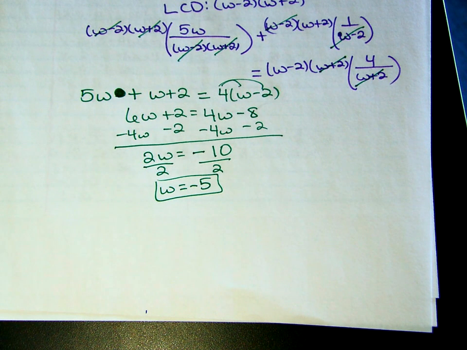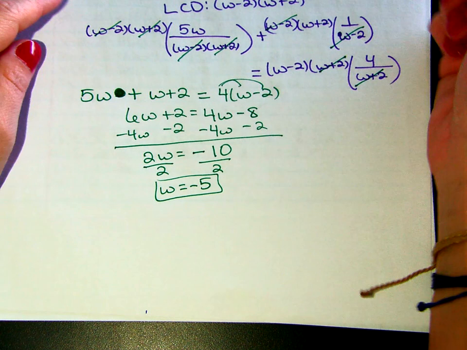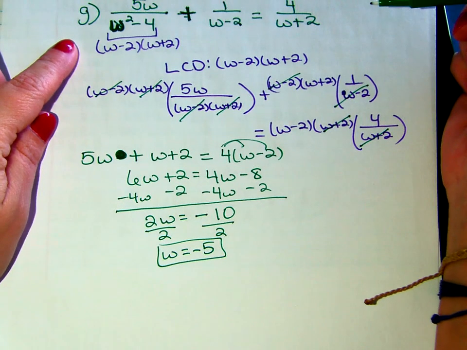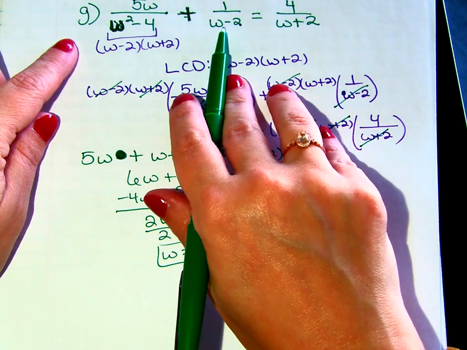Now, in order to make sure that that actually works, you have two options. You can plug that into the original equation and make sure that it works, or you can find the trouble spots from the original equation and make sure negative 5 was not one of them. The trouble spots are anywhere the denominators would go to 0. Well, my denominators were w minus 2, w plus 2, and this one was a combination of them.